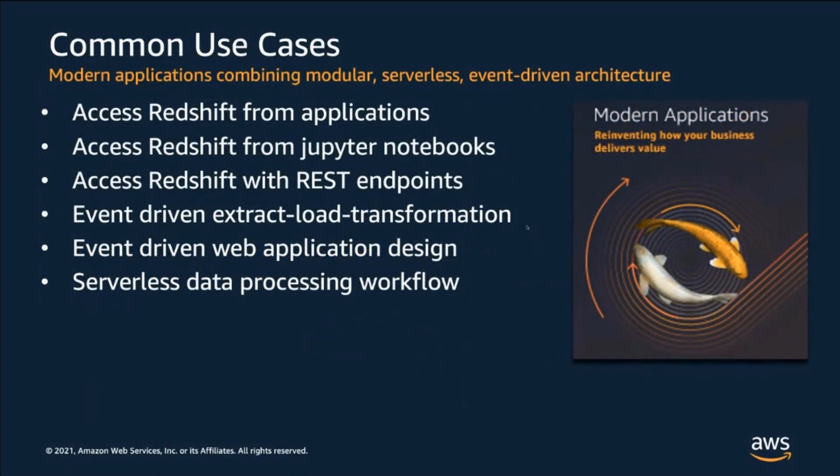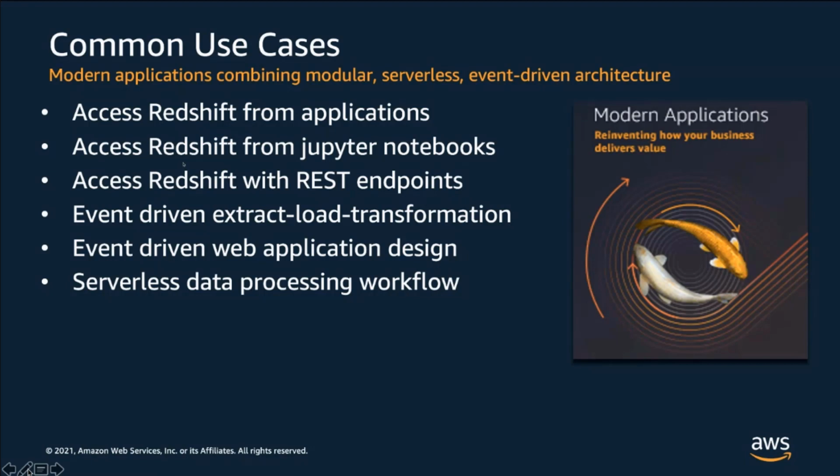Now, let's move to some common use cases which highlight designing modern applications combining modular, serverless, event-driven architecture. The first one is how to simplify data access from your applications, which may be an application hosted on Amazon EC2 or ECS, or a serverless application built with AWS Lambda.